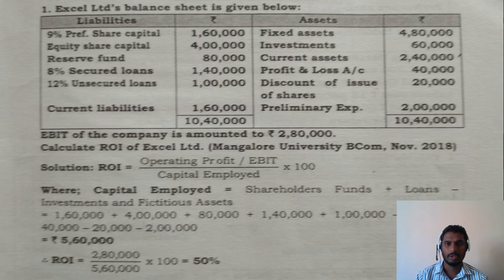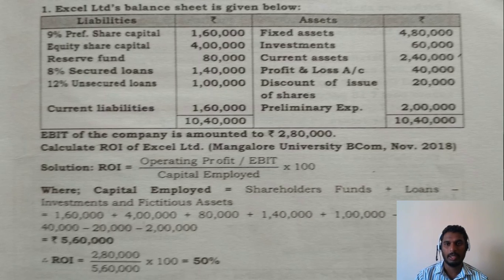In the question, shareholders' funds include both equity share capital and preference share capital. So preference share capital 1,60,000 plus equity share capital 4 lakhs, plus reserve funds. These reserves also belong to the shareholders, the owners of the funds.